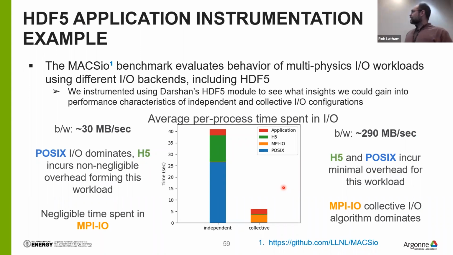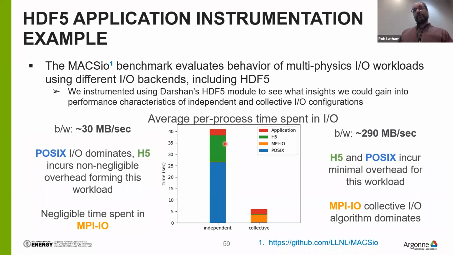Take this MACSio benchmark. It uses HDF5, and if we use independent IO, we're spending a lot of time in POSIX, a little bit of time in the HDF5 library as we keep issuing requests, but the application isn't really doing all that much. It's got its IO kernel, the computational kernel that it's modeling here.